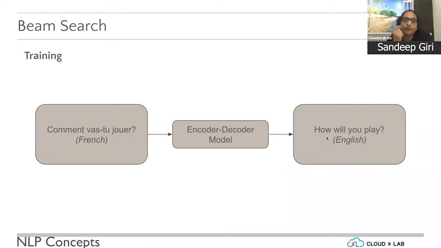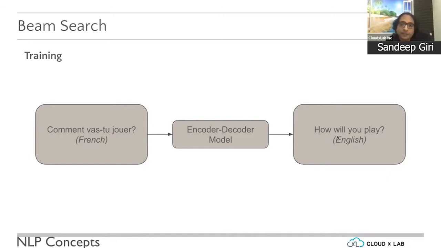Instead, we will predict one word, then feed that word to the next step and predict the next one, then feed that and so on. So that way it'll be cyclic. First it will predict "how", then "will", then "you", then "play". And notice that once we are done with predicting "how", the "how" will be fed to the same network.